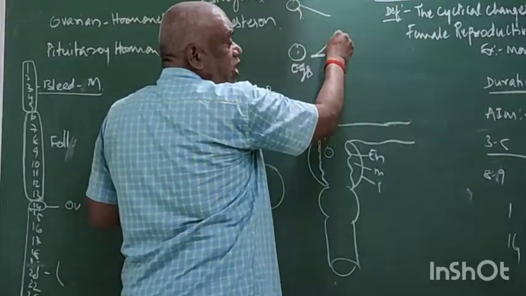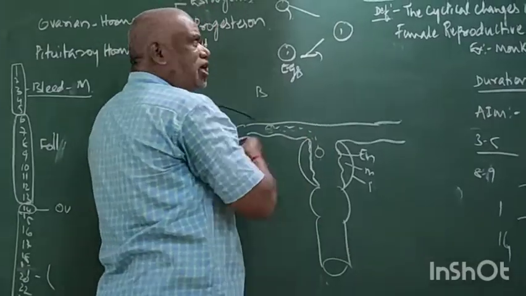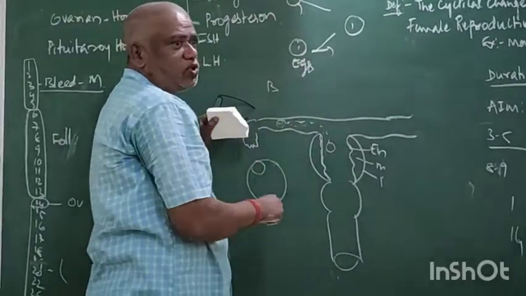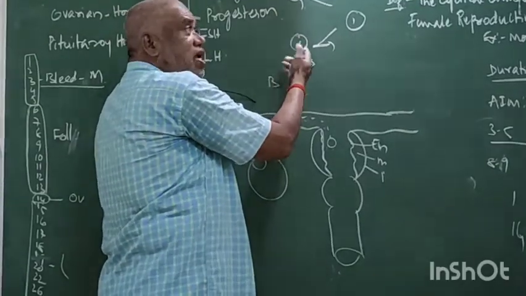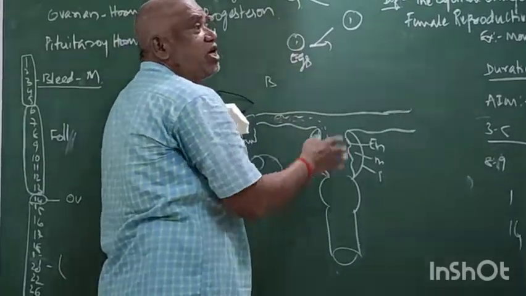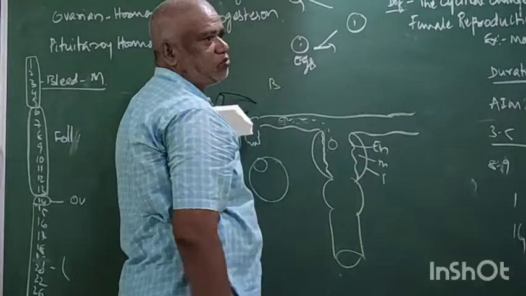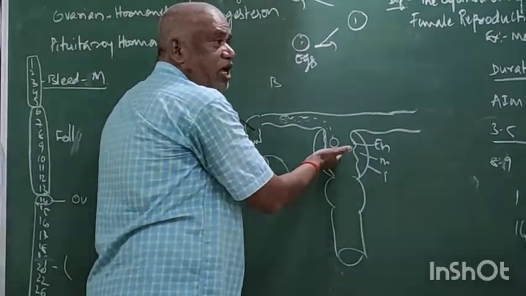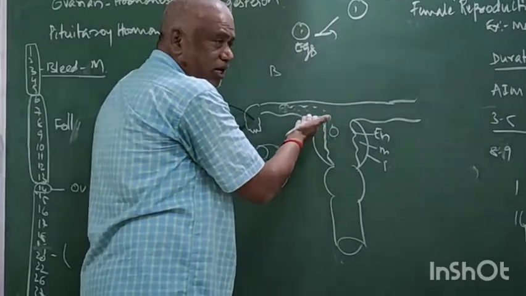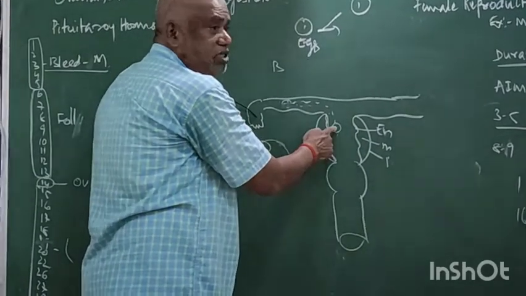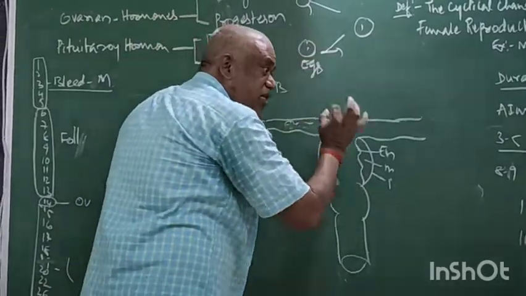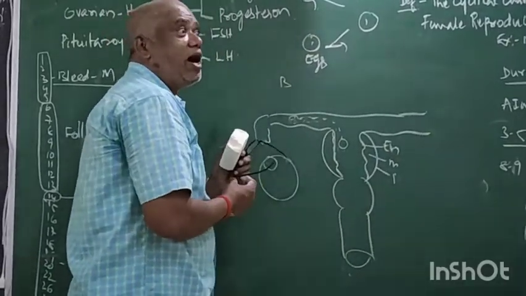When both are united and form a zygote, life will continue. That means the continuity of gametes, either male gamete or female gamete, depends on fertilization. But here the fertilization does not occur. Hence, this unfertilized ovum cannot continue. That means it must degenerate.